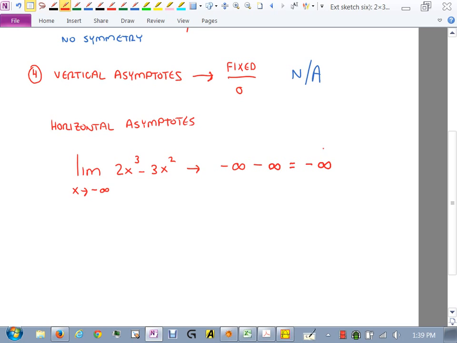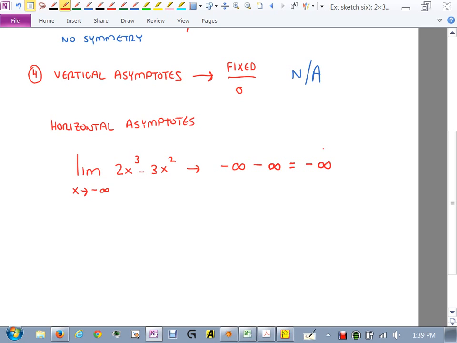Which means that as I go out to the left, the function's doing what? It's going down to the left, right? As I'm moving out to the left, the function's diving down to negative infinity. Yes? So there's no horizontal asymptote, but I know it's going down to negative infinity.